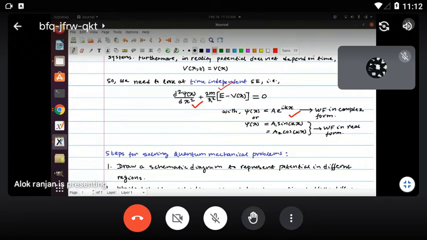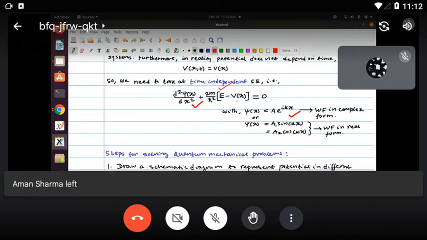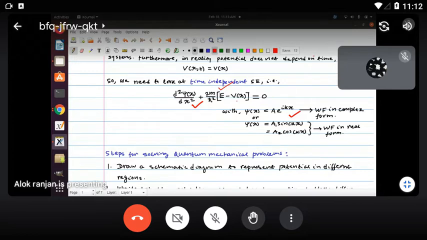So in your exam, if a question comes asking whether the time-independent Schrodinger equation is an ordinary differential equation or a partial differential equation, then immediately you will say that it is an ordinary differential equation. However, the general Schrodinger equation is a partial differential equation. And how many variables are associated with the general Schrodinger equation?